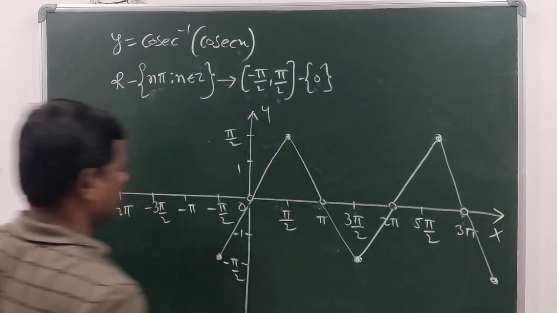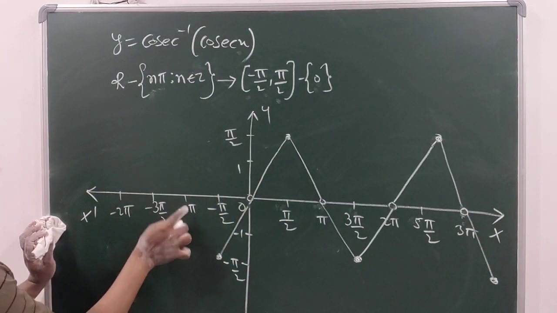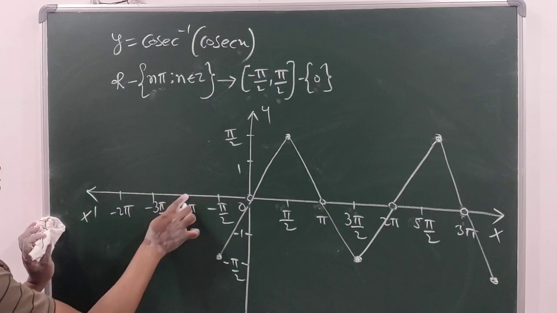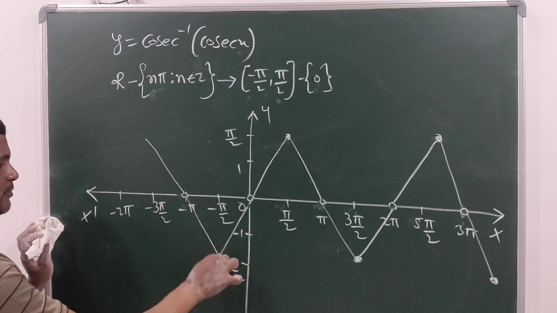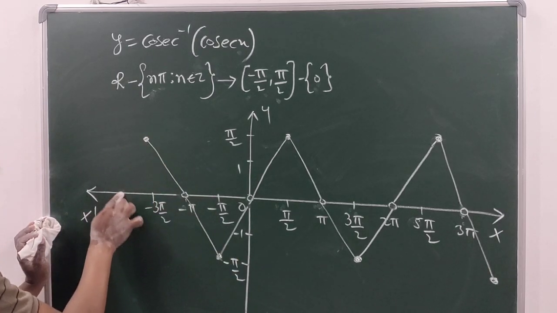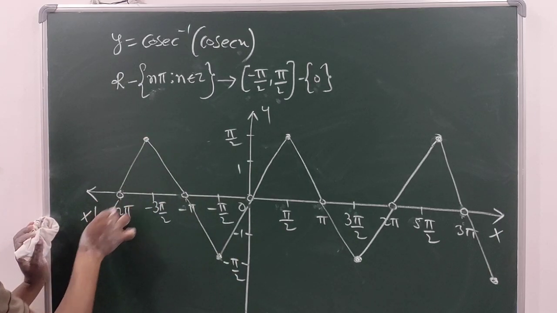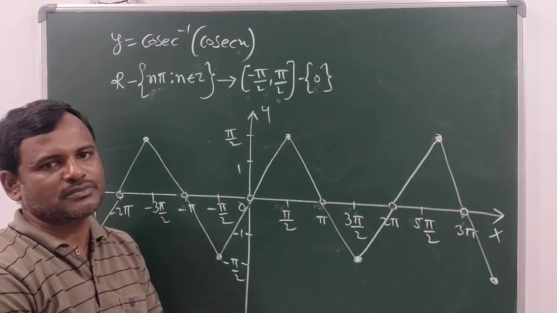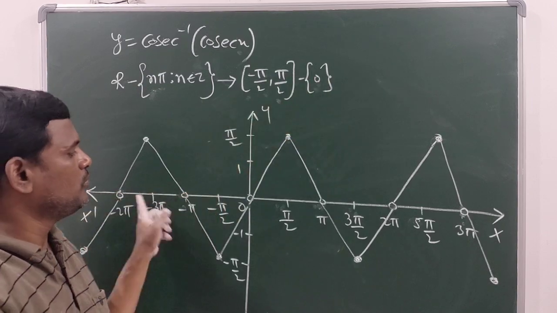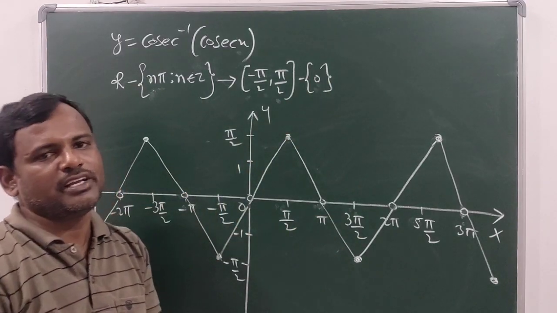Okay. Right. Now here minus pi. Tell me, students, here you have to open it. Now here it is closed. Here it is open. So this is the graph of cosec inverse of cosec x, where at 0 we are getting breaks.